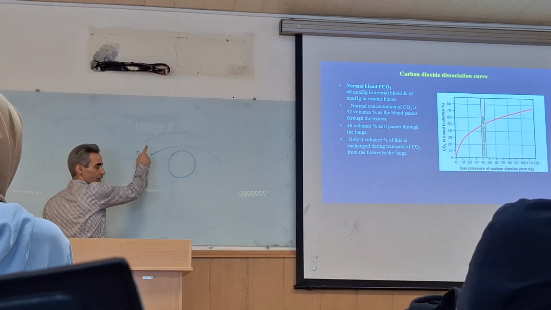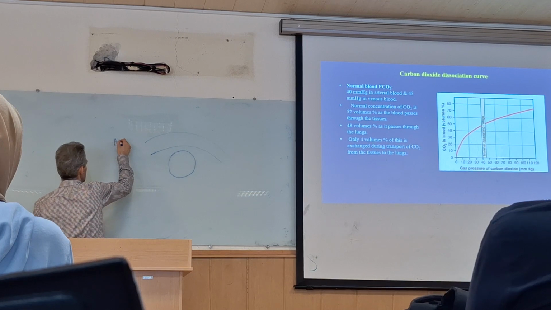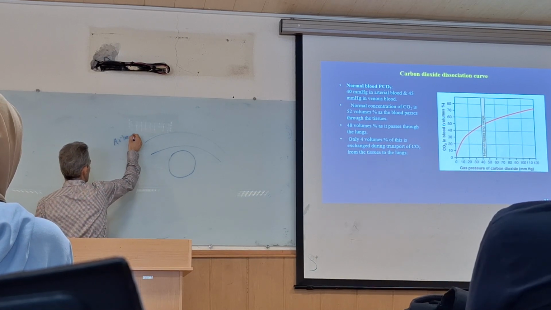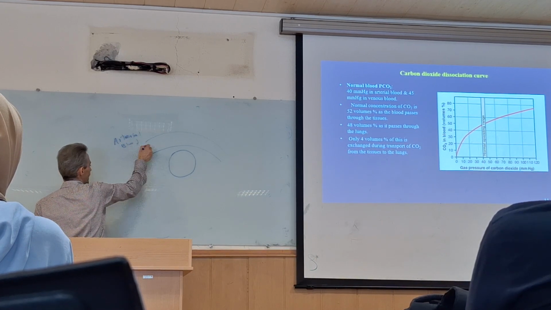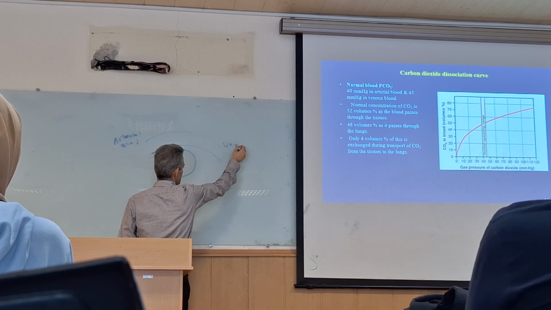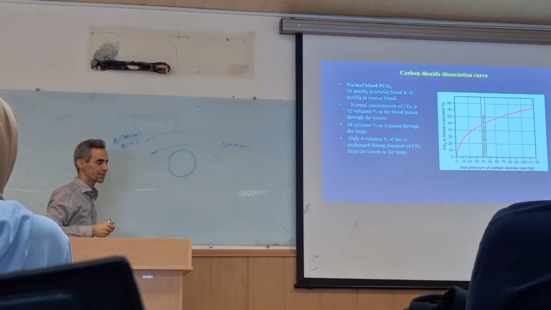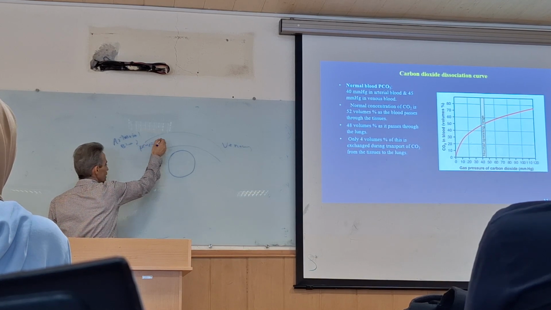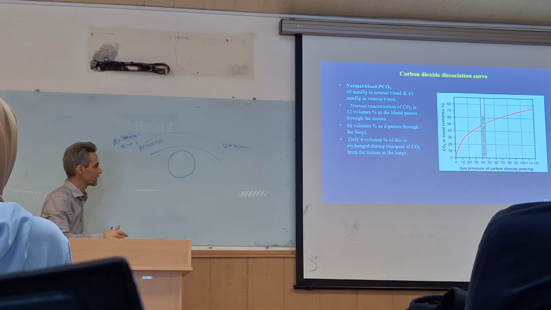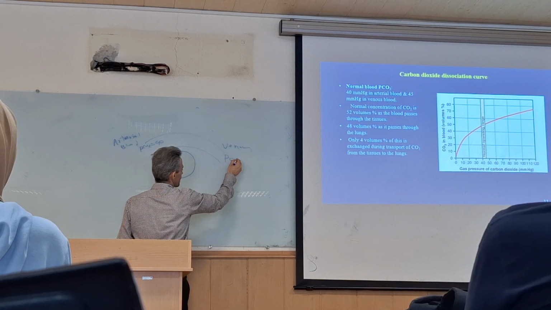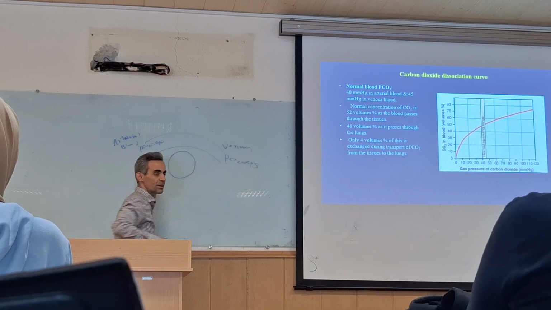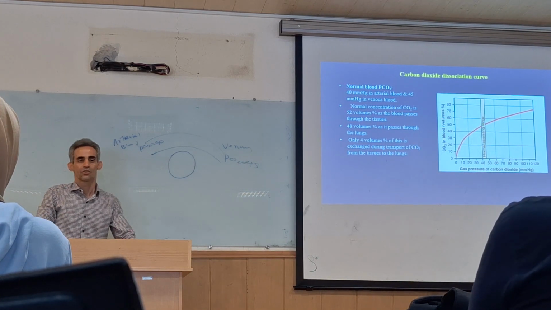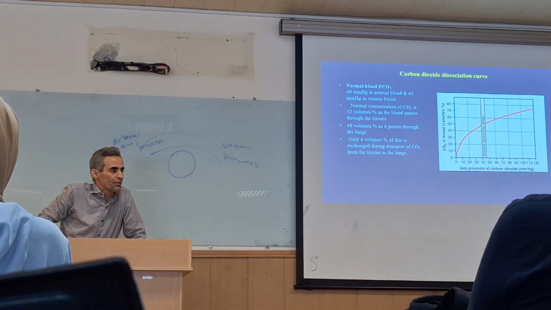This side of the capillaries is arterial blood. The other is venous blood. You know that in arterial blood, the carbon dioxide pressure is 40 millimeters of mercury. At the venous side, the carbon dioxide pressure is 45.